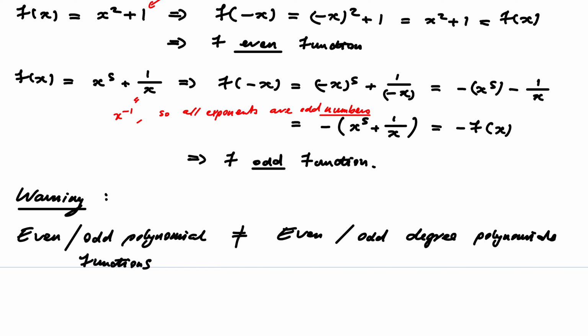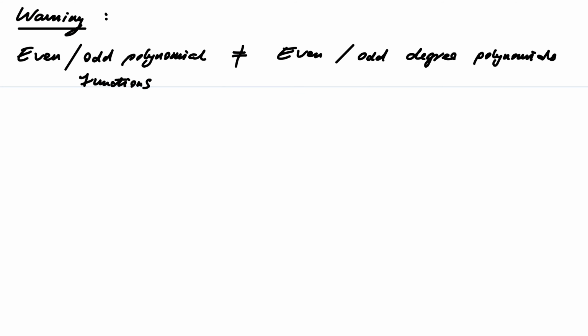That is not the same thing. You need to have every power to be even or every power to be odd in order to be odd or even as functions. So it's a stronger property. So let me just do an example to illustrate what I mean by this. This is a trap I see people falling into all the time, because you've just memorized something to do with polynomials and odd or even, and the numbers are odd or even, so you just look at the degree.